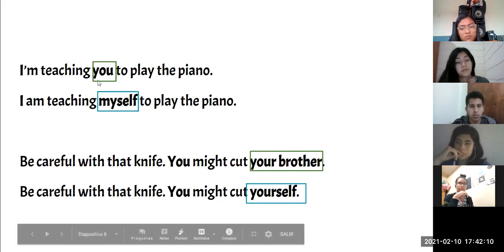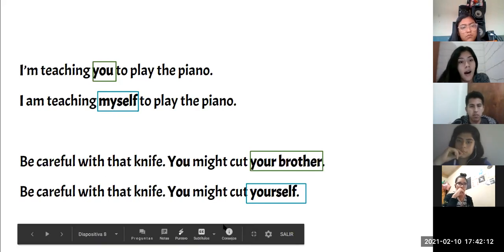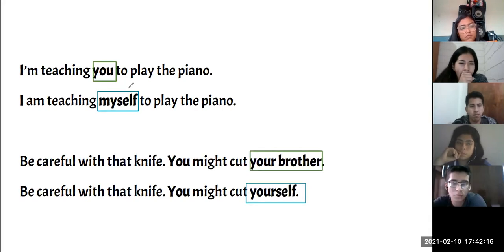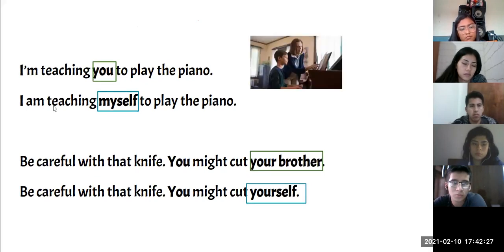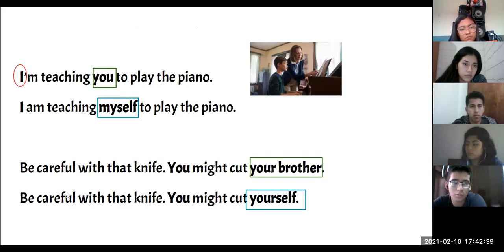For example, in the first sentence, who is doing the action in the first sentence? Me. Who is doing the action? ¿Quién está haciendo la acción? In the first sentence. I. Yes, I is the person who is doing the action.